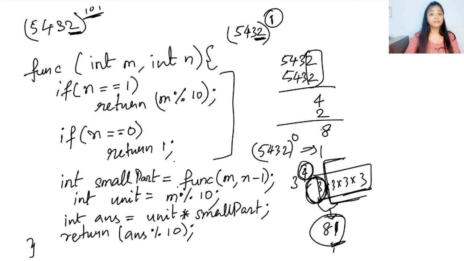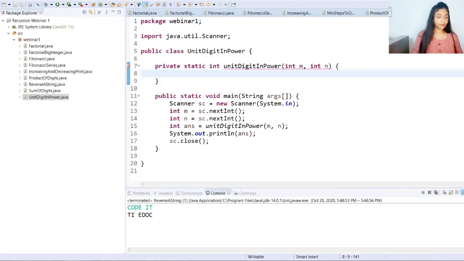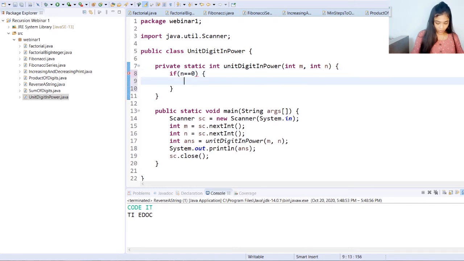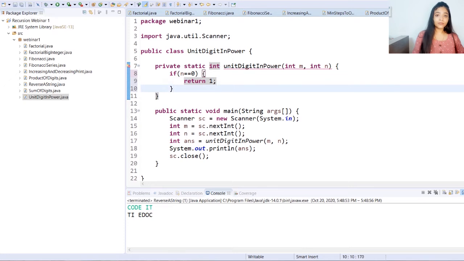Alright, so now let's code this. Okay, so now we're going to code this problem. So I have written down the main function. Now let's write the function for finding the unit digit. Alright, so what were the base cases? We had that if n was equal to 0, we were simply returning 1, because anything power 0 is always 1.